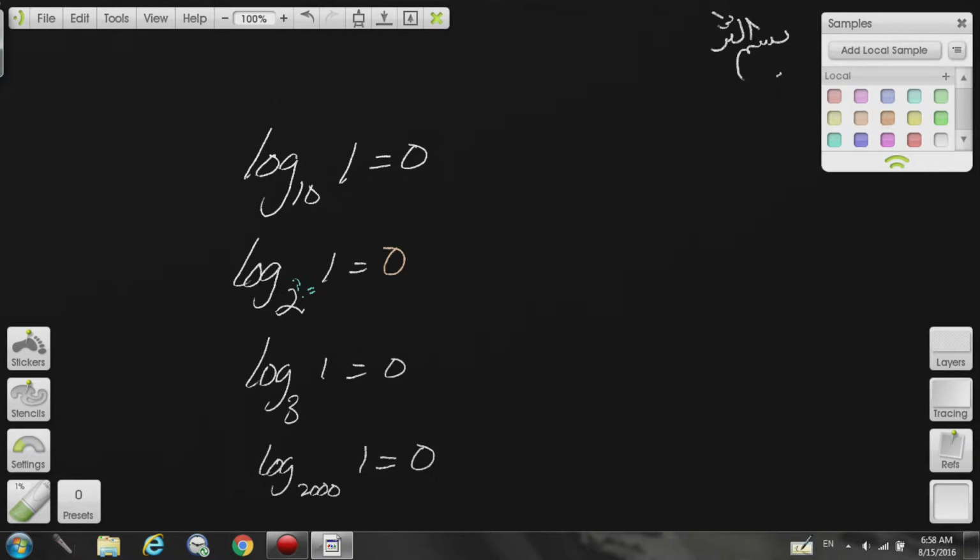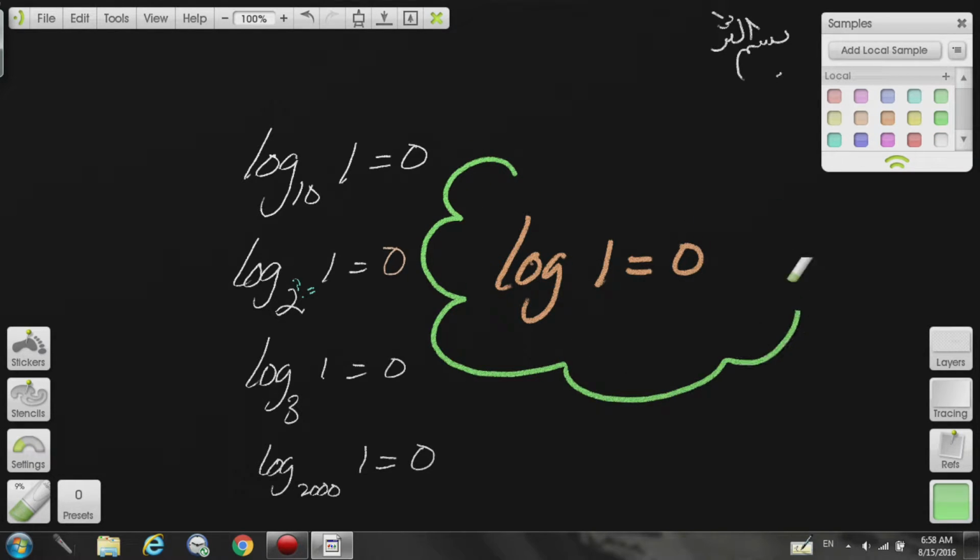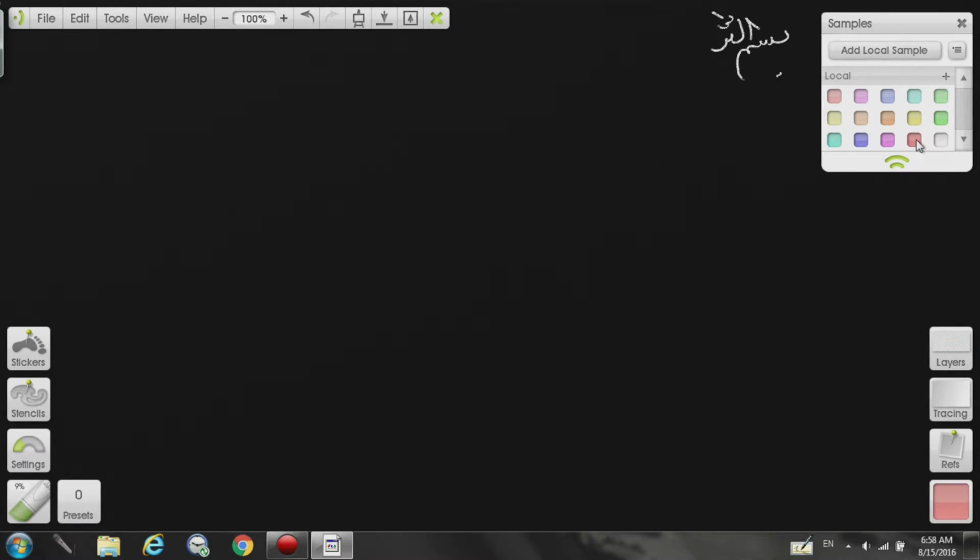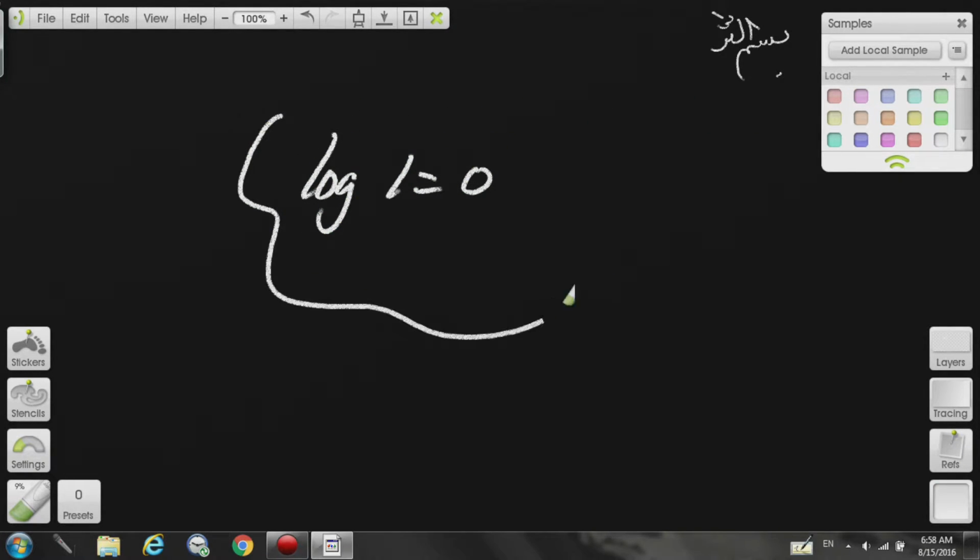So from here we learn this simple log rule: the log of any base of 1 is 0. Let's learn that.